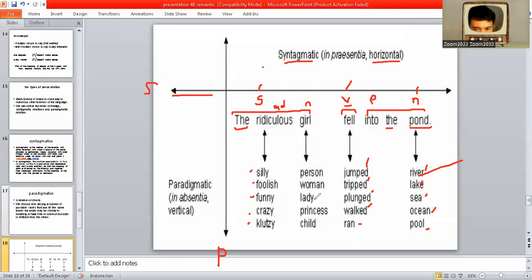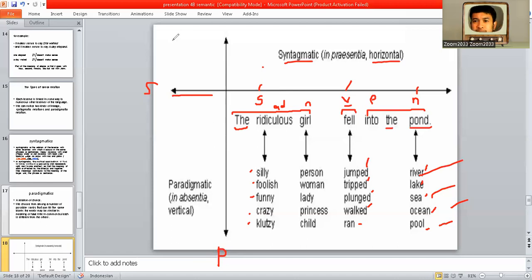The funny lady plunged into the sea. The crazy princess walked into the ocean. The classy child ran into the pool. So according to the syntagmatic and paradigmatic, we can create sentences according to their parts of speech or their category.